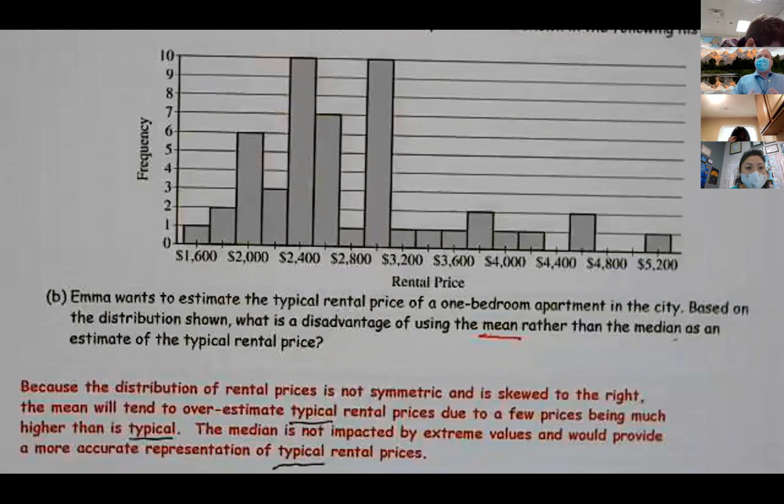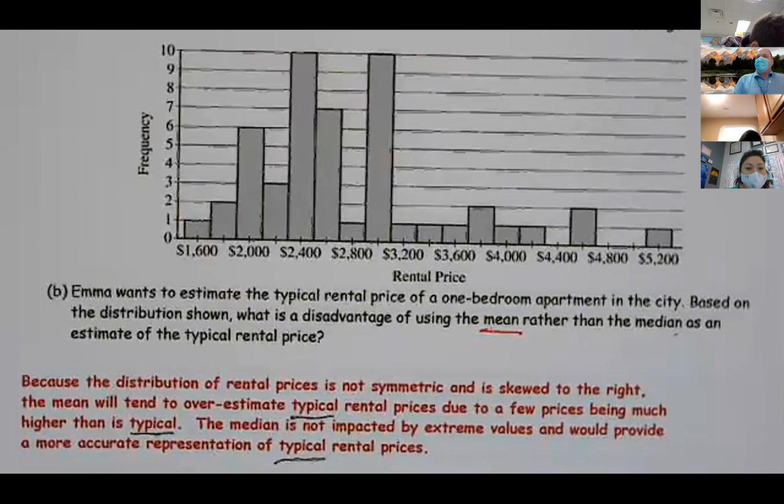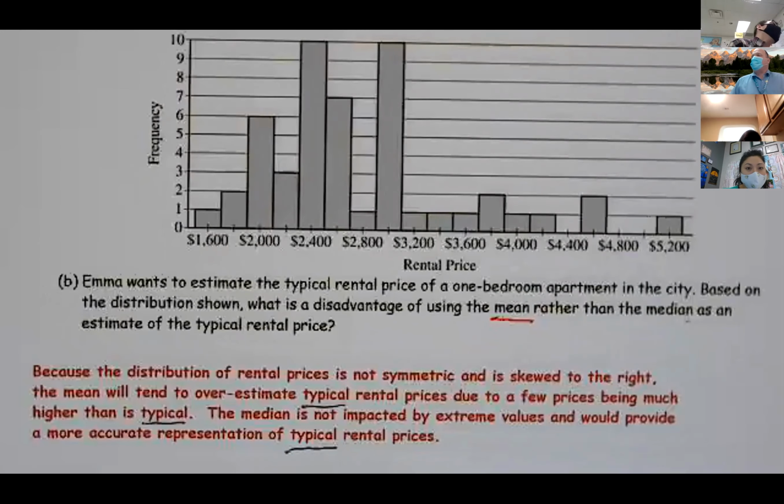So I chose the word typical, but we're looking for what is the typical price, what would we generally expect to happen. But we don't want to use average because that is the word for mean, and we don't want to use the normal price because normal is a type of distribution and this one is not. So this is something to be careful of.